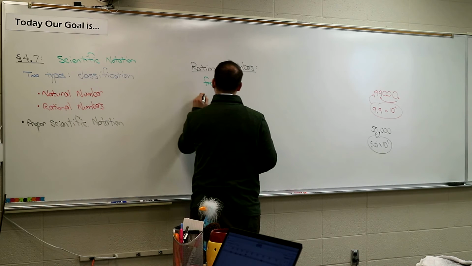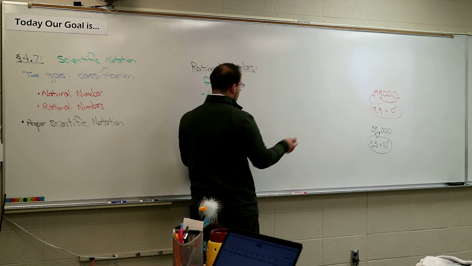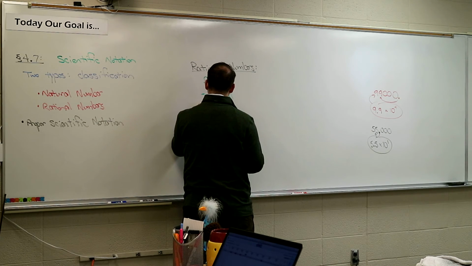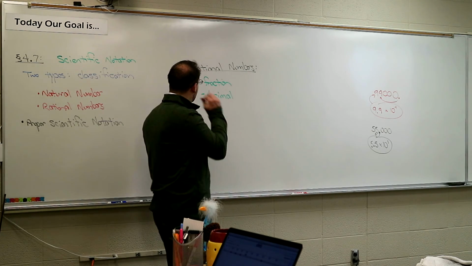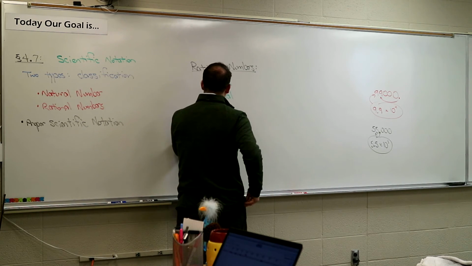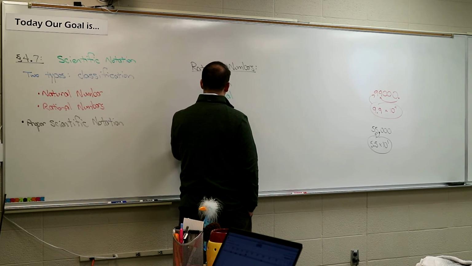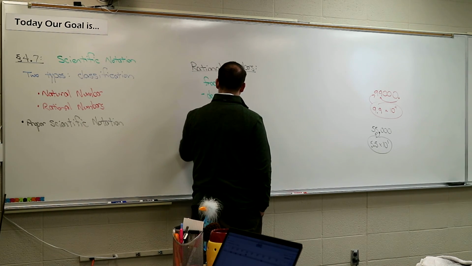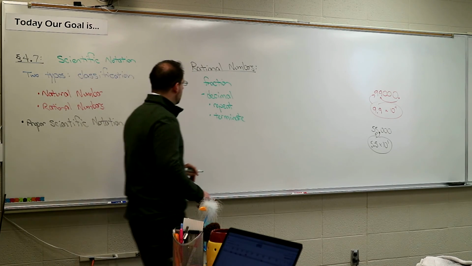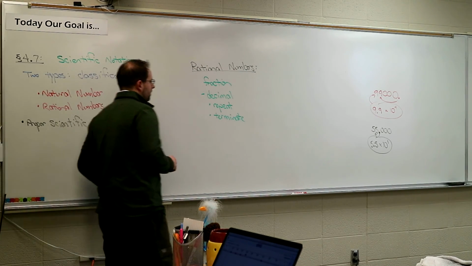They could be decimals. Because decimals you can write as fractions, we're going to learn that in the next couple days in here, possibly as early as Thursday and Friday. The decimals, what we learned, if they repeat, they're repeating decimals, or if they're terminating, that means ending decimals. So if they terminate, we can write it as a fraction. Okay? Alright, but that's kind of the idea, that's what a rational number is. So it's anything you write as a fraction.